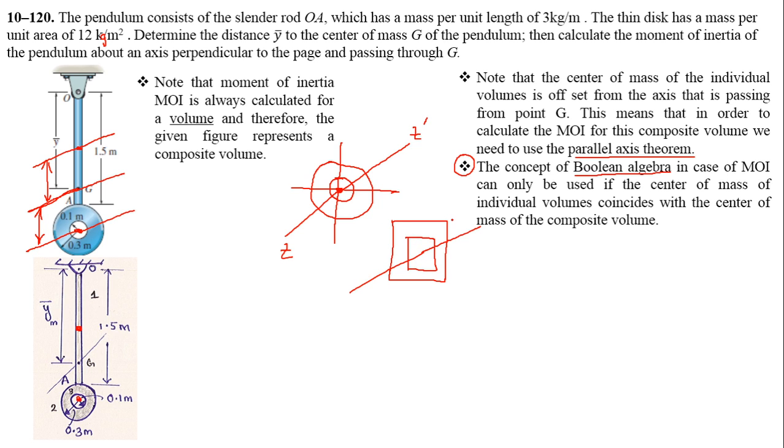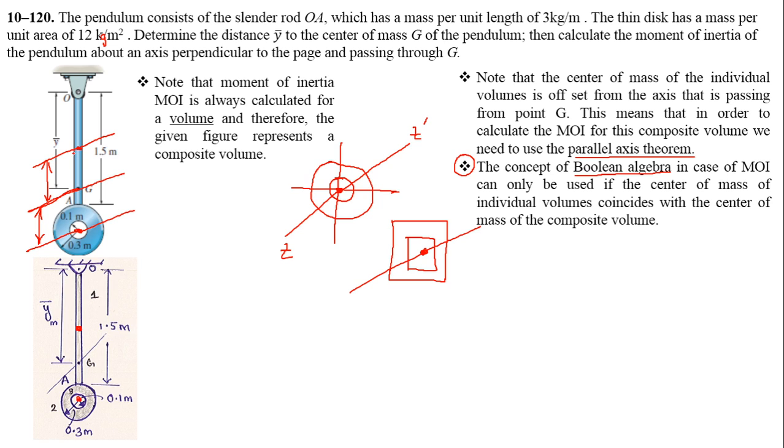You can calculate the moment of inertia of this outer square about this axis, because it has a centroid lying on this axis only, and you can then calculate the moment of inertia of this inner square. The centroid lies on the same axis here, and the centroid of the composite shape also lies on this axis. So there are no moment arms like these. Therefore, I can use Boolean algebra for this case.